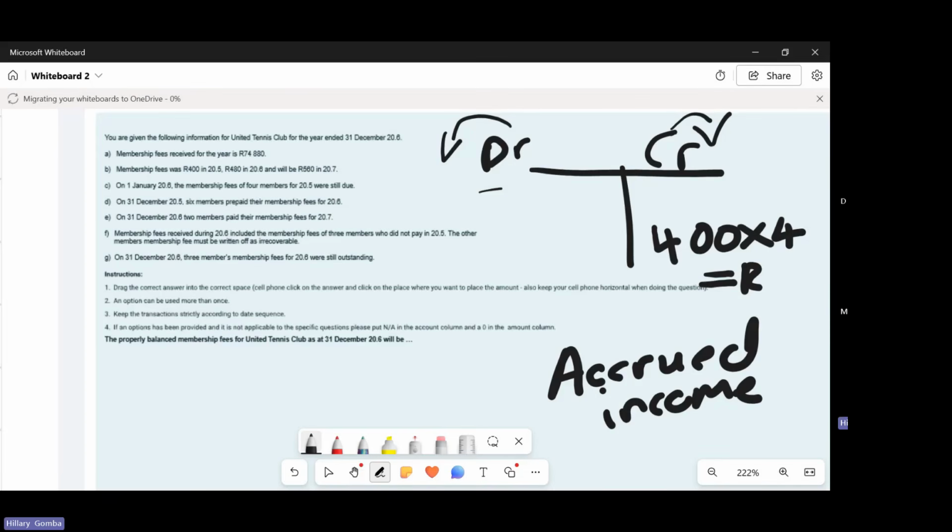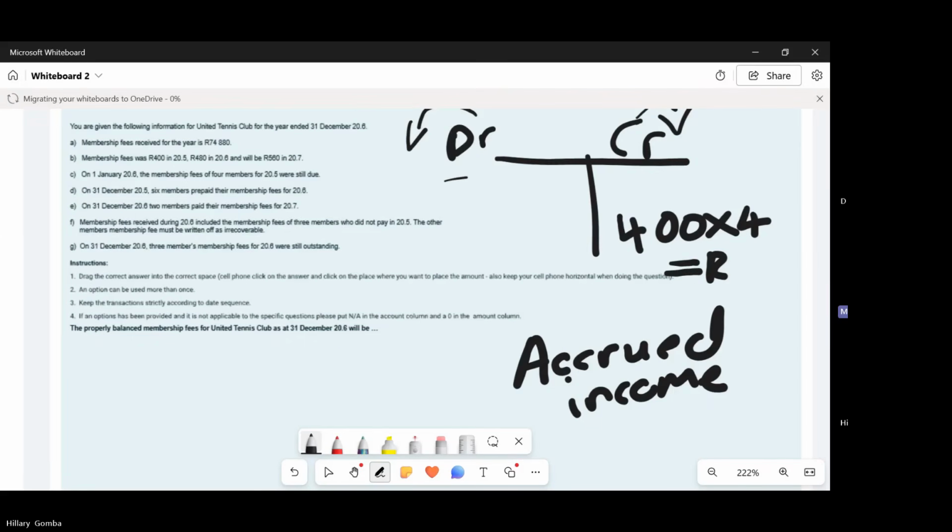Okay. So now we need to account for it. If 4 members were still outstanding, and those 4 members were told that they were paying 400 rand as the membership fees, now you say 400 times 4, which will give you what? 1.6. That's correct.